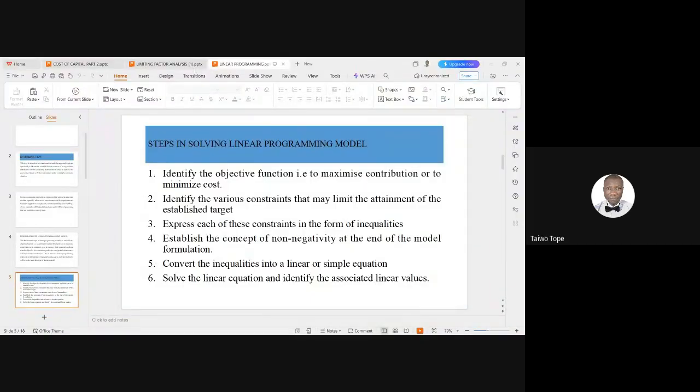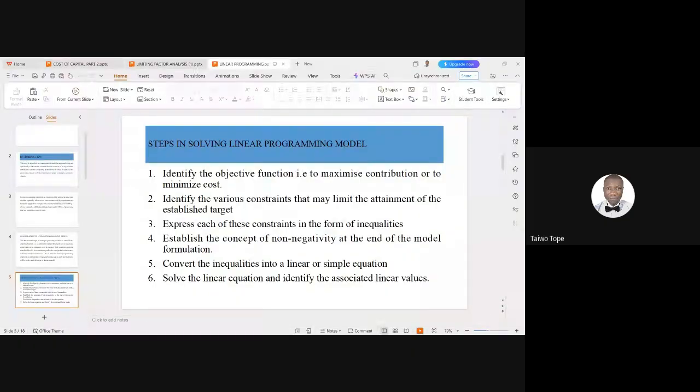So for you to solve a linear programming question, once you identify the objective function, the next thing you have to do is to come up with constraints. You identify the various constraints that may limit the attainment of the established targets of the organization. So once you identify your constraints, what are those constraints? Those limitations. And I said when we are treating limiting factor that there are certain words, synonyms, that the examiner will use.